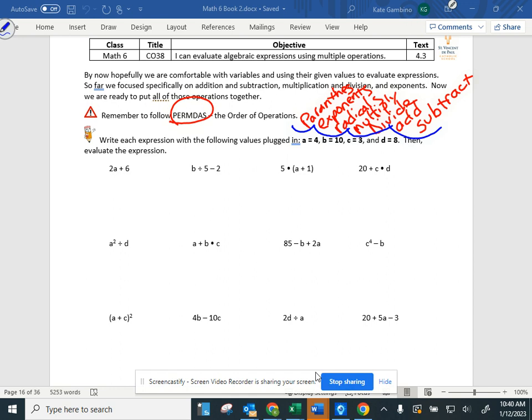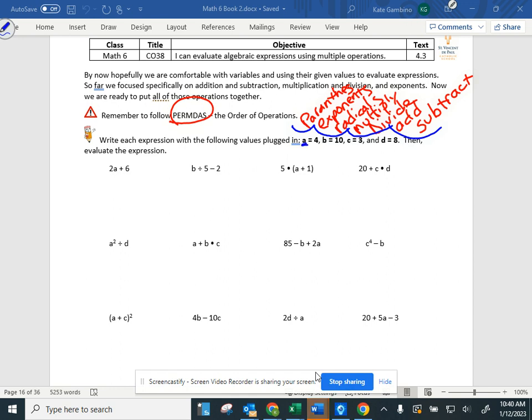So this is when I was telling us to be very organized with our math, and we're narrowing it down. We're rewriting each level. You need to be organized when we have lots of stuff in there. And I'm going to show you what that means. So, write each expression with the following values plugged in.